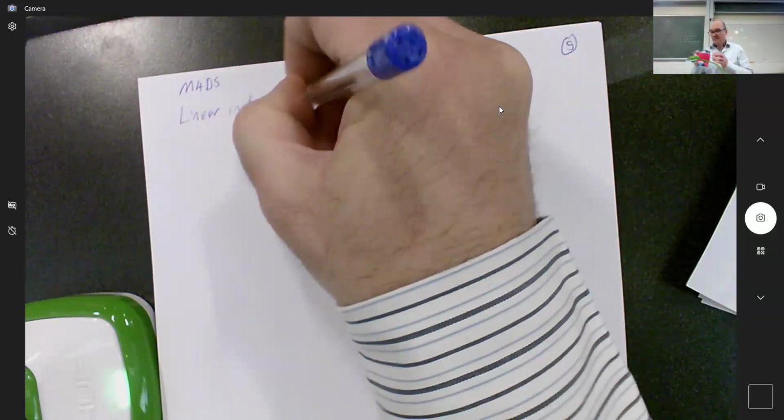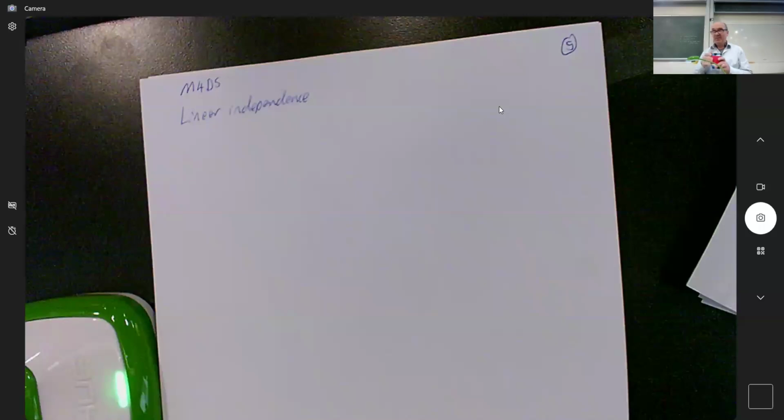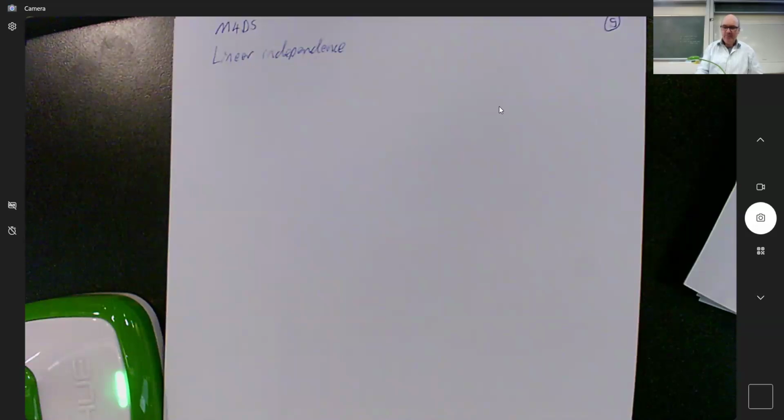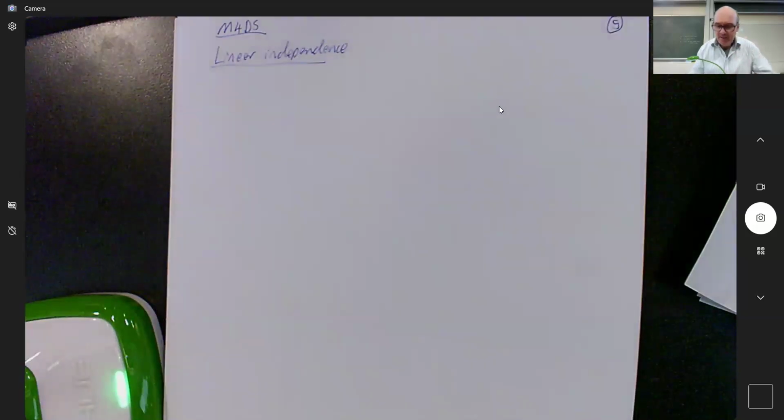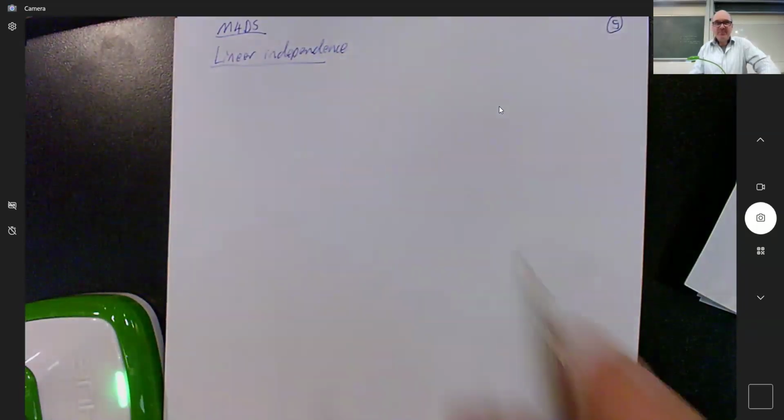So, first thing, what is the definition? Back in the dark ages, when I first was introduced to this concept, the lecturer did a weird thing, right?